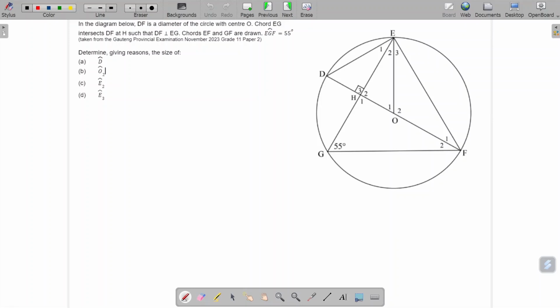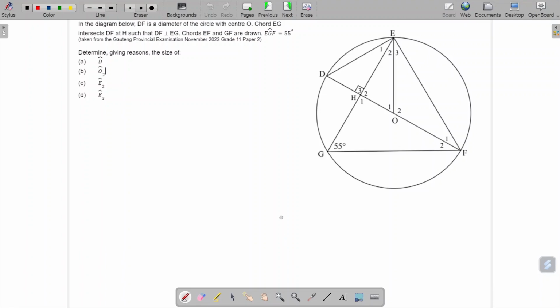The next thing I'd like to do is, you may have noticed that I took the trouble to read through this question, in your case, aloud. I would be doing the exact same thing in an exam, except I would be reading it quietly to myself and making sure that all the information given to me in the question is understandable to me according to the diagram. So when they say to me that DF is a diameter of the circle center O, does that make sense to me?